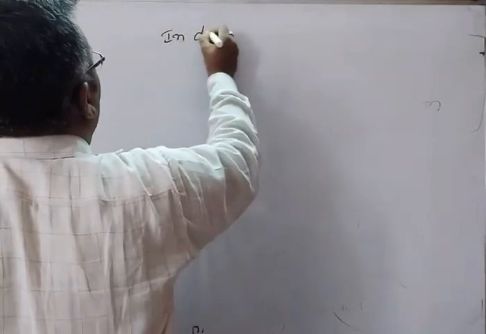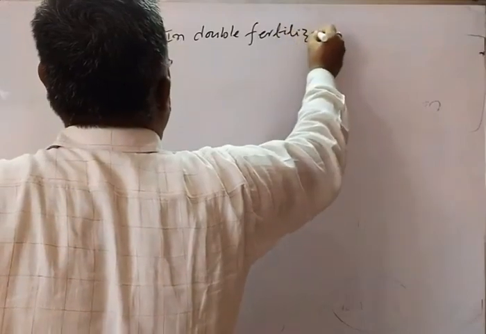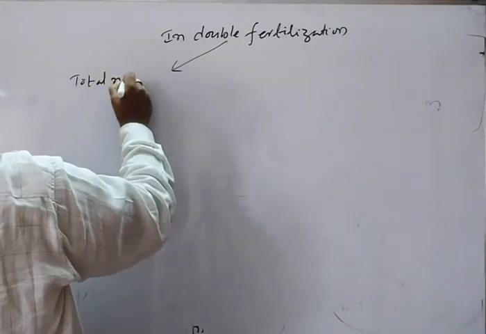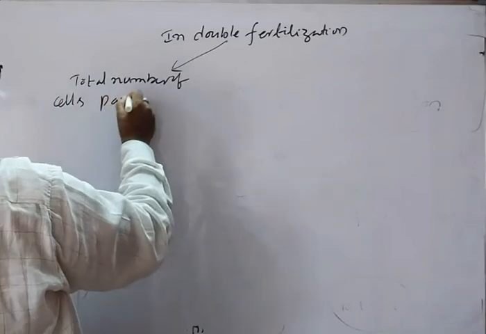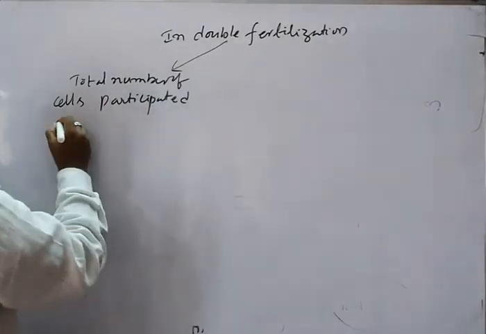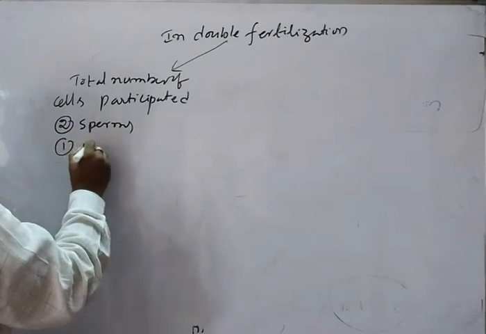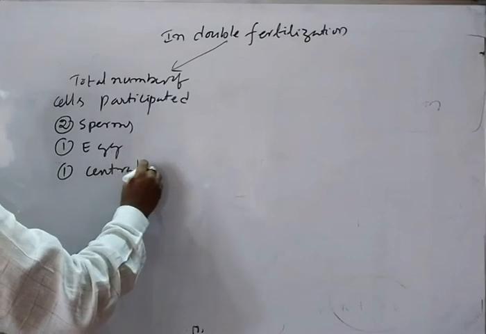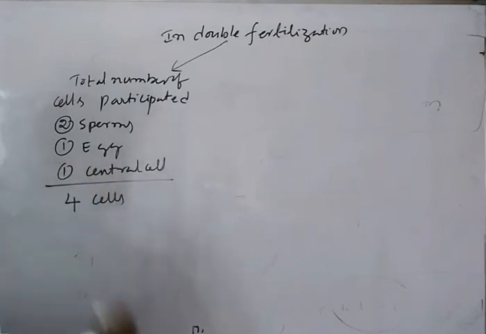In double fertilization, total number of cells participated: how many cells? 2 sperm cells, 1 egg, 1 central cell. Total 4 cells have been involved.